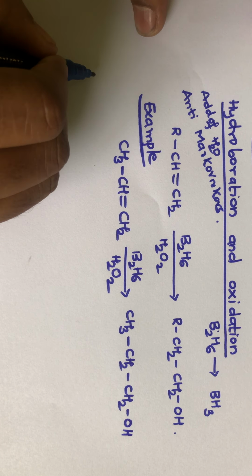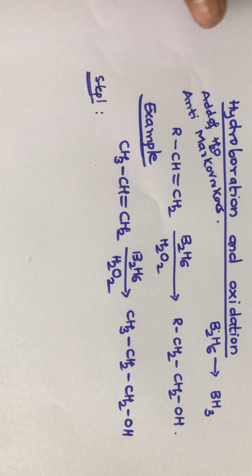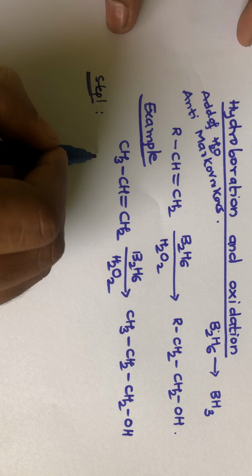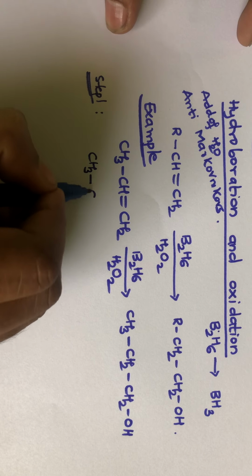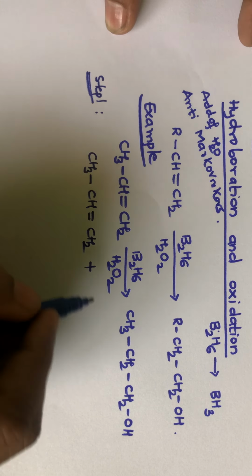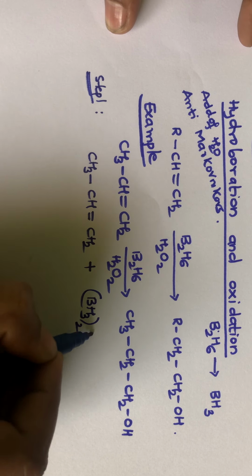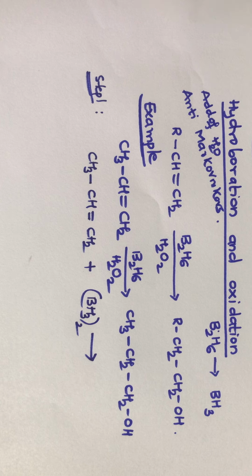This reaction occurs in two steps. CH3CH double bond CH2 plus BH3 twice. B2H6 is BH3 twice.